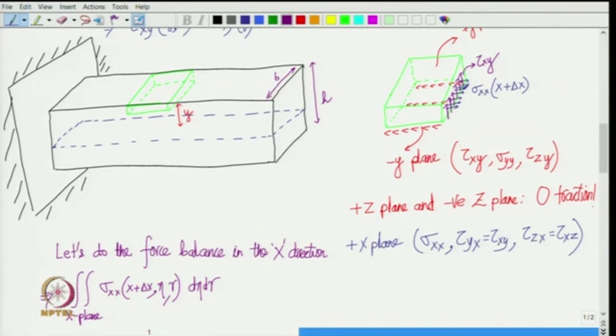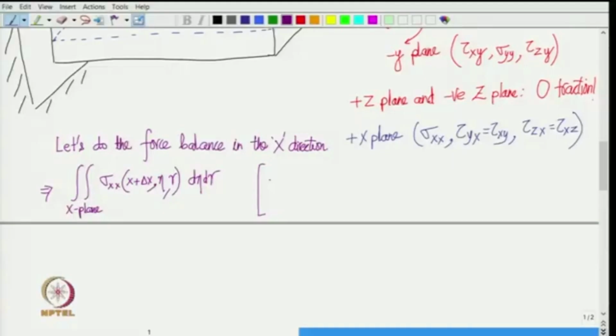The bottom face of the green piece is at y and at the top face it is h by 2. So, here we can say that eta is in this range y comma h by 2, and what about gamma? Gamma would be in the range of minus b by 2 to b by 2, is not it? If the total width is b, then it goes from minus b by 2 to b by 2.